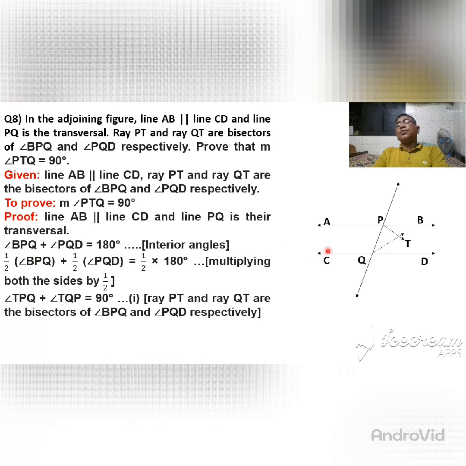Half of angle BPQ, in this triangle, see, is TPQ. So here is written angle TPQ. Then QT is the angle bisector, so which is the half angle in this triangle? TQP. So here is written TQP.